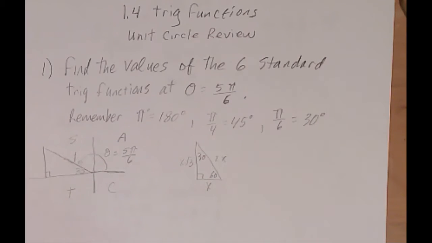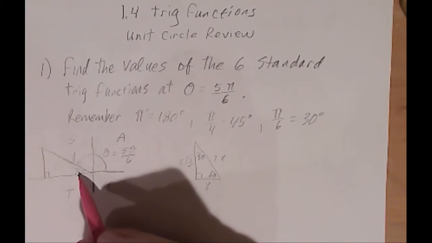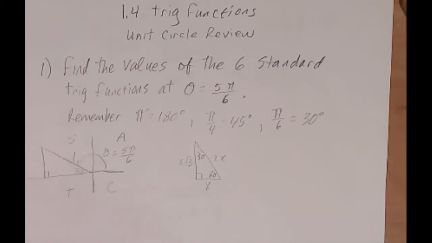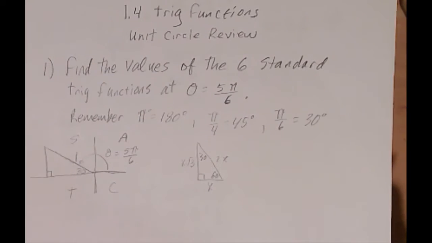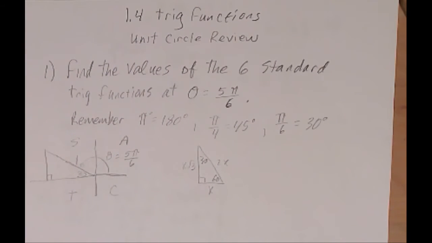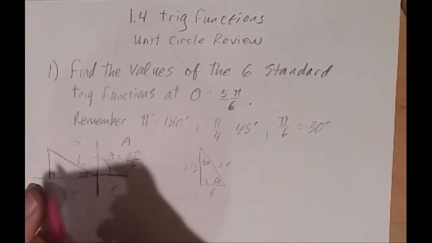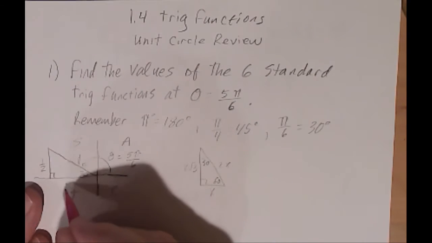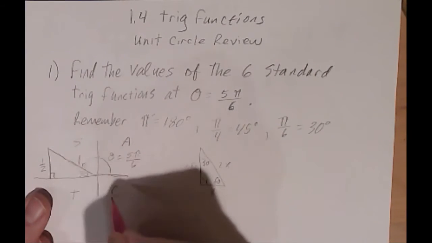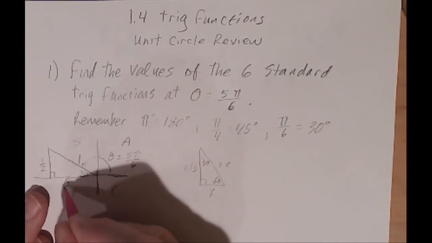Tangent and cosine are positive there. So we have to do my unit triangle here with my 30, 60, 90. This is 1, so this is going to be a half, and this is 1/2 radical 3, so radical 3 over 2.